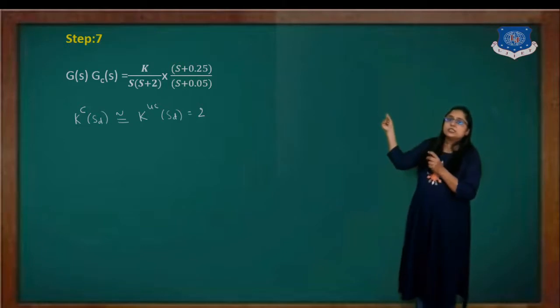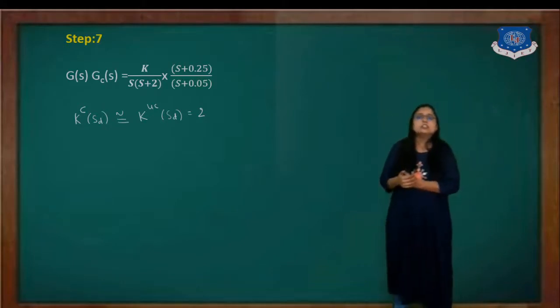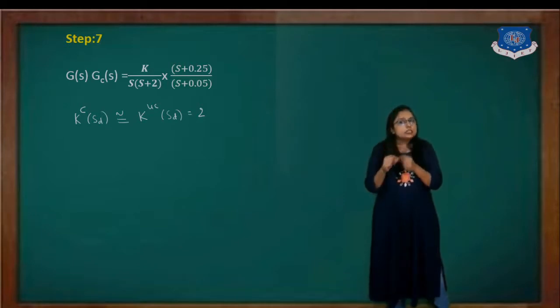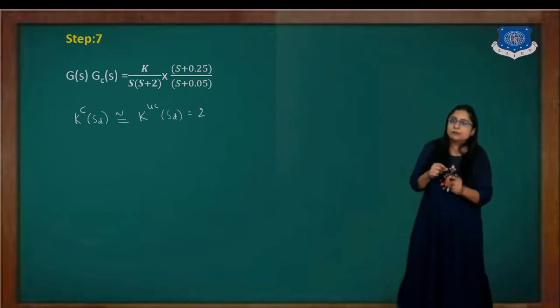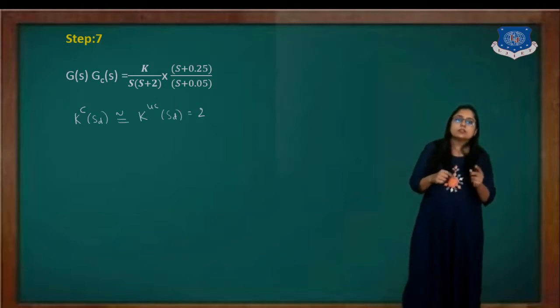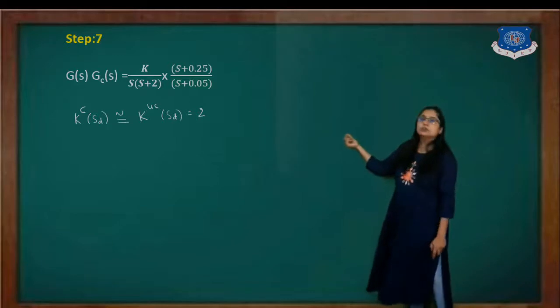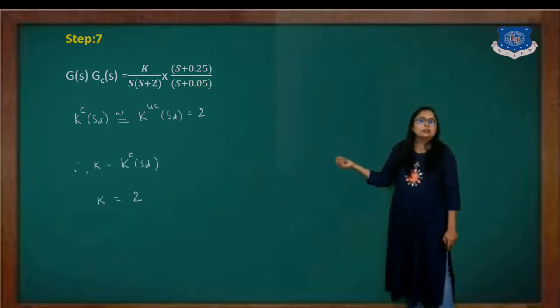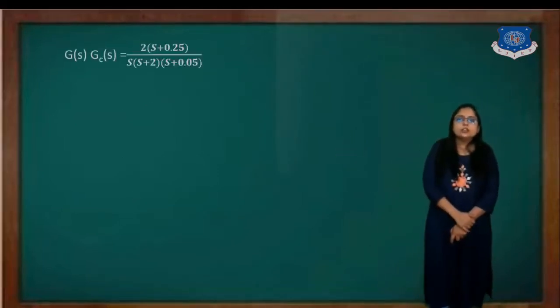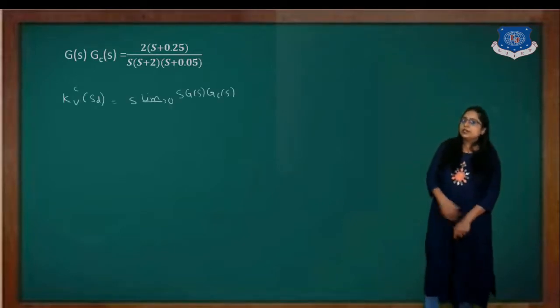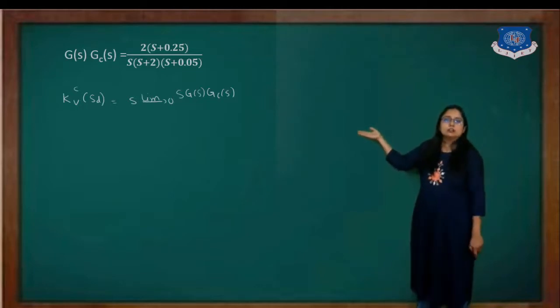Because your pole is at 0.05 and your zero is at 0.25. So these two are very near to each other. That's why the gain of the compensated system is almost equal to the gain of the uncompensated system. So that is equal to 2. Right? So you just substitute K equal to 2.